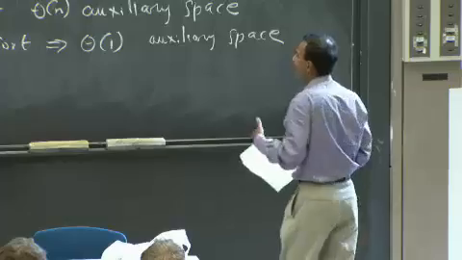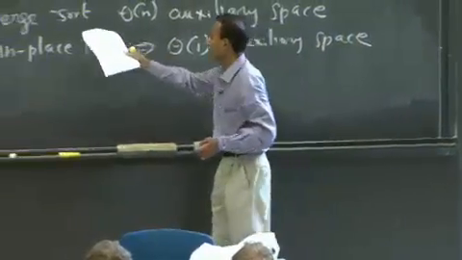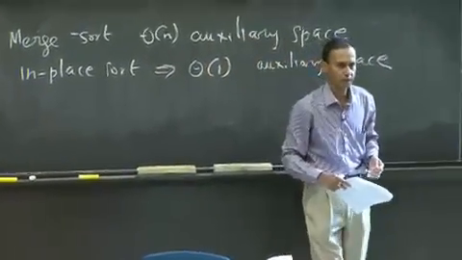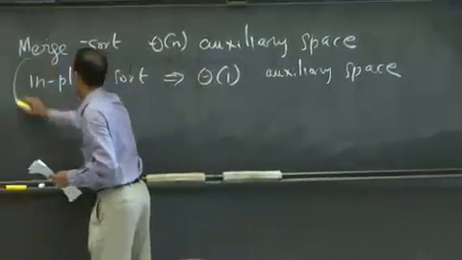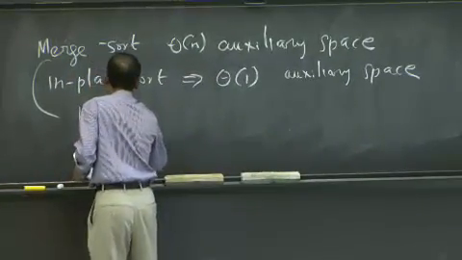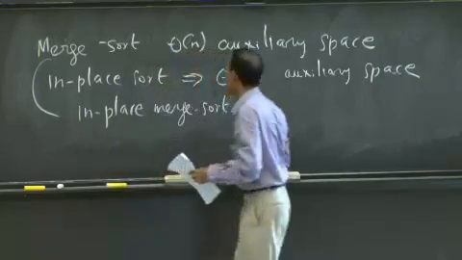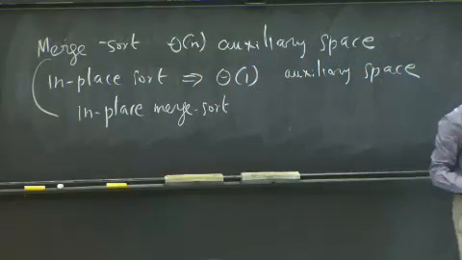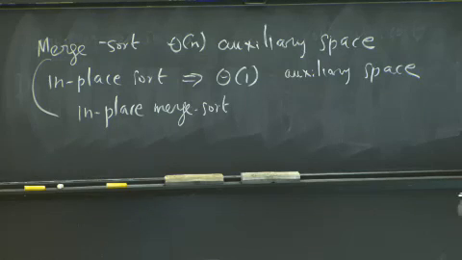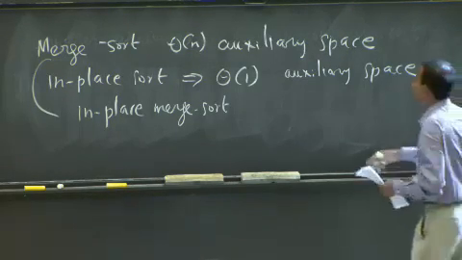Now, it turns out that you can actually go further, and there's a fairly sophisticated algorithm that's sort of beyond the scope of 6.006. That's an in-place merge sort. And this in-place merge sort is kind of impractical in the sense that it doesn't do very well in terms of the constant factor.